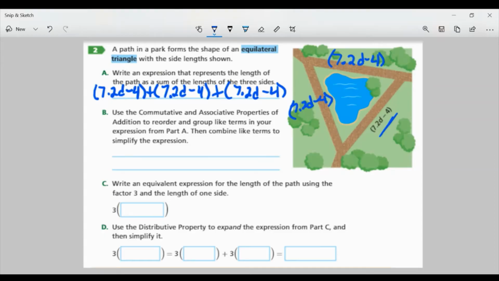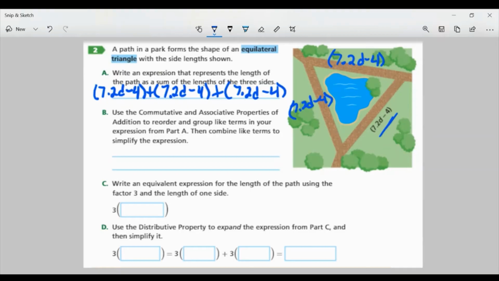Part B. Use the commutative and associative properties of addition to reorder and group like terms in your expression from part A. Then combine like terms to simplify the expression. Again, we get rid of our parentheses, and we'll have just 7.2d minus 4 three times.